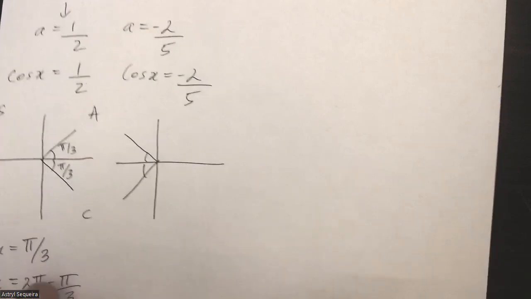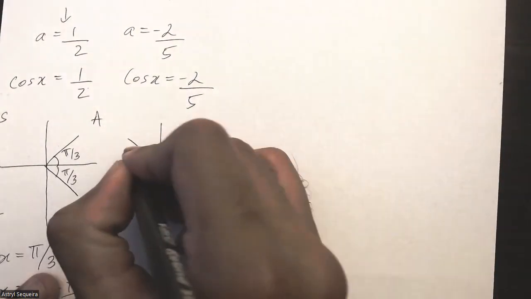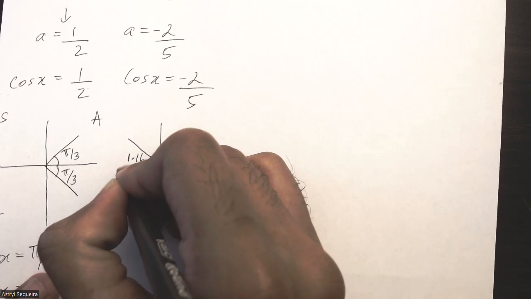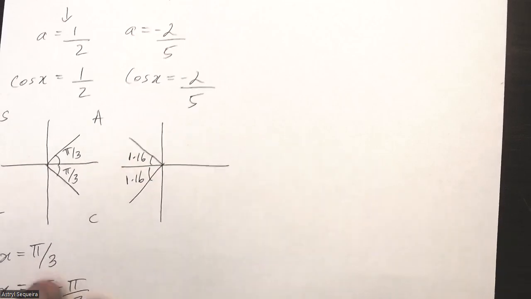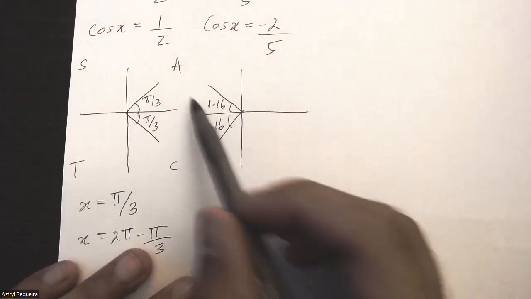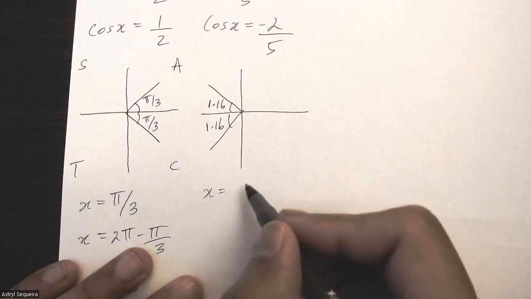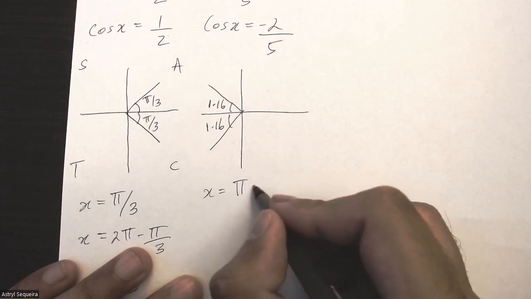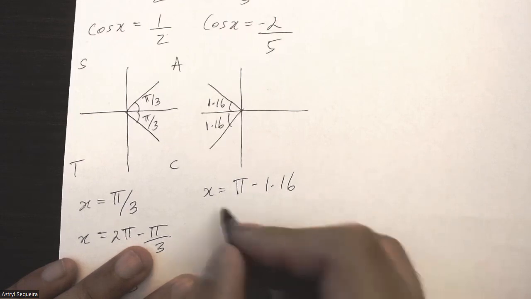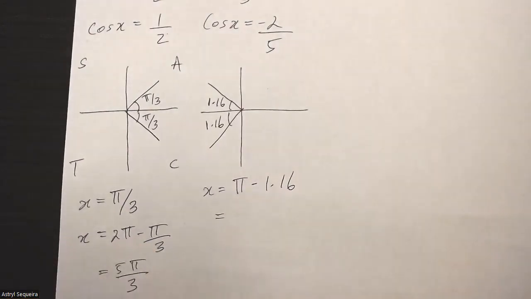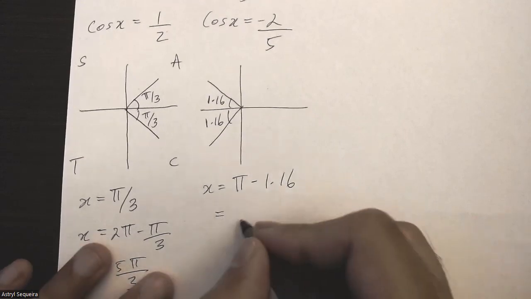The cos inverse of 2 over 5 is 1.16. I'll round to two decimal places. So my first solution over here is pi minus 1.16. And if I do that in my calculator, I will get 1.98.